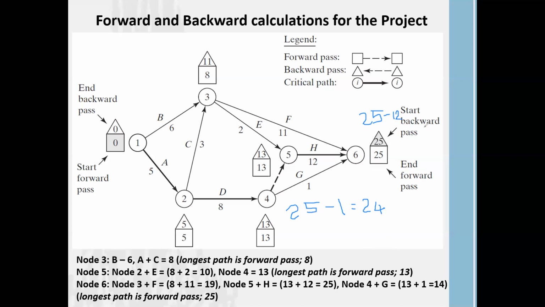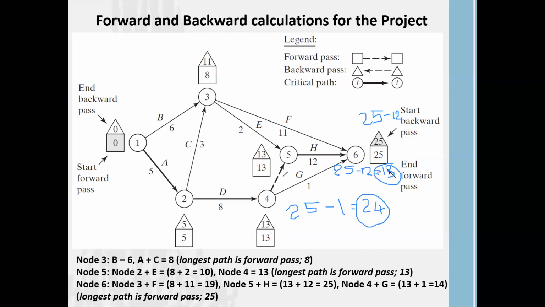So in the backward pass we calculate the shortest time period for completion of that activity. Comparing 13 to 24, we know that 13 is the shortest, so we get 13 as the backward pass for node 4 also.